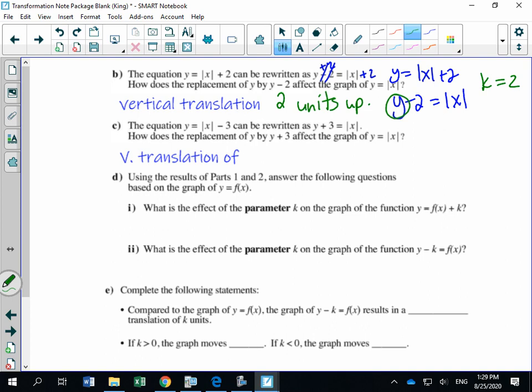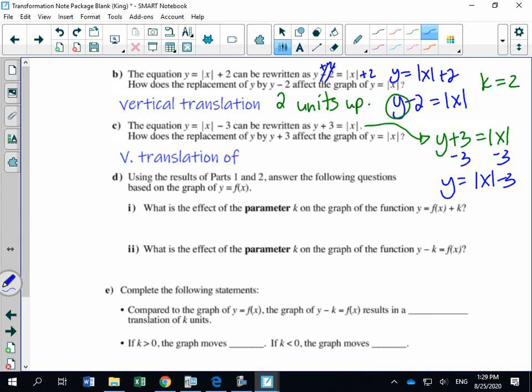The equation y is equal to the absolute value of x minus 3 can be rewritten as this. So again, let's take this equation: y plus 3 is equal to the absolute value of x. That is the exact same as y is equal to the absolute value of x minus 3.